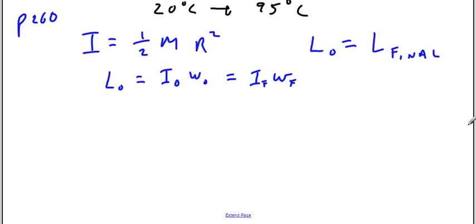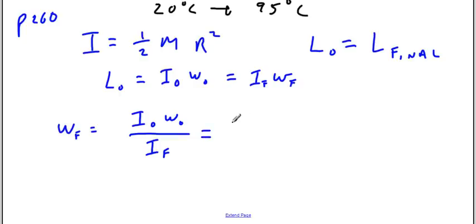Okay, so that's what we're going to do before we run any numbers, and we find that omega final is going to be the initial moment of inertia times omega naught divided by the final moment of inertia.